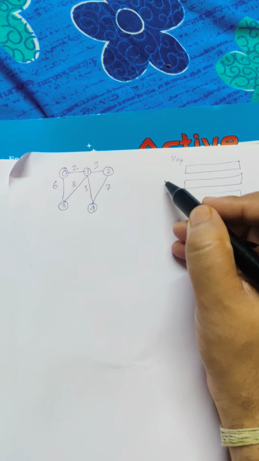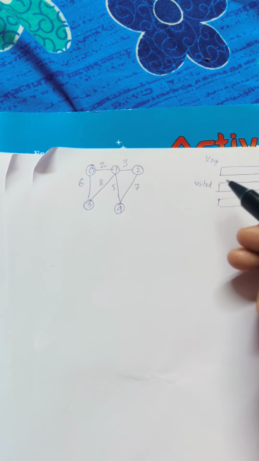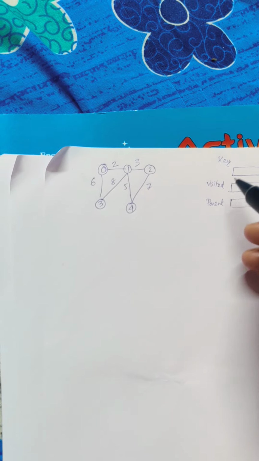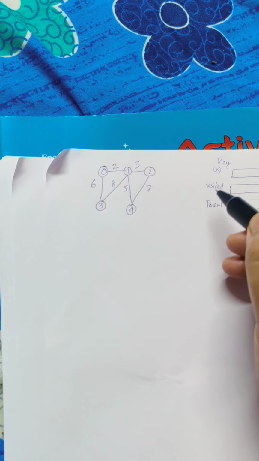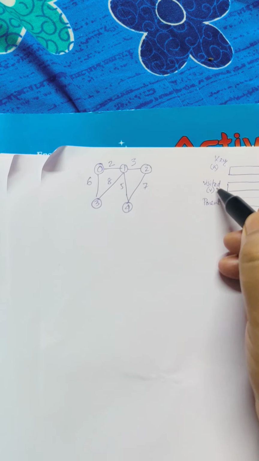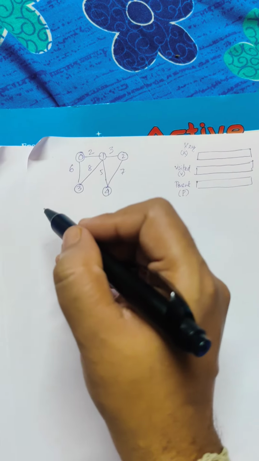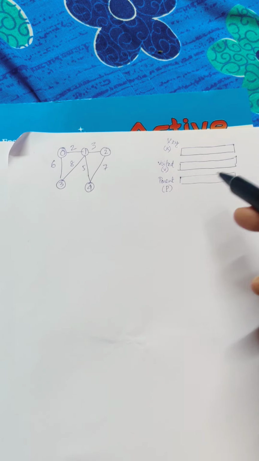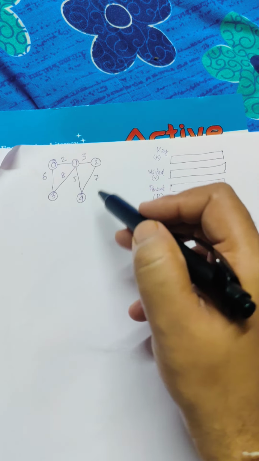Right now I am writing it out, but later I will represent the key array as k, the visited array as v, and the parent array as p. My question was, what is going to be the size of these arrays? We are having 5 nodes.